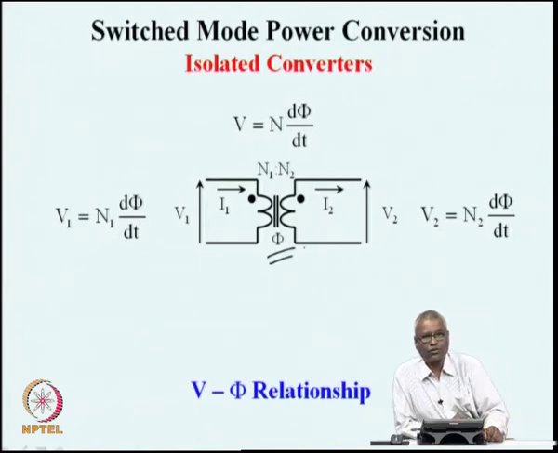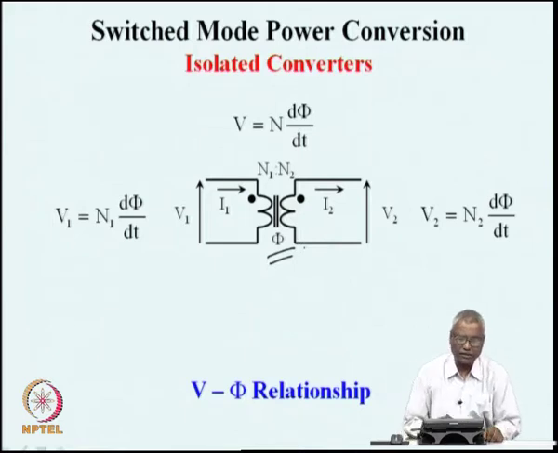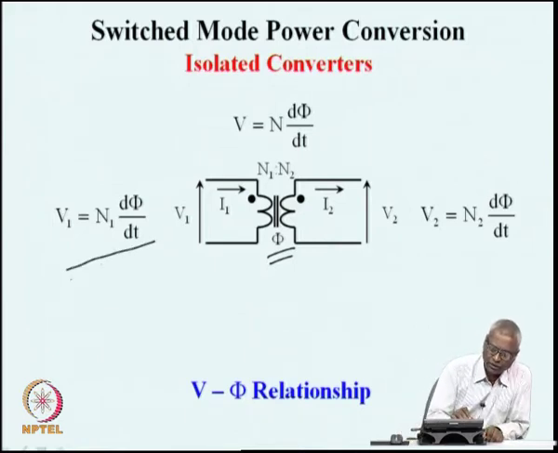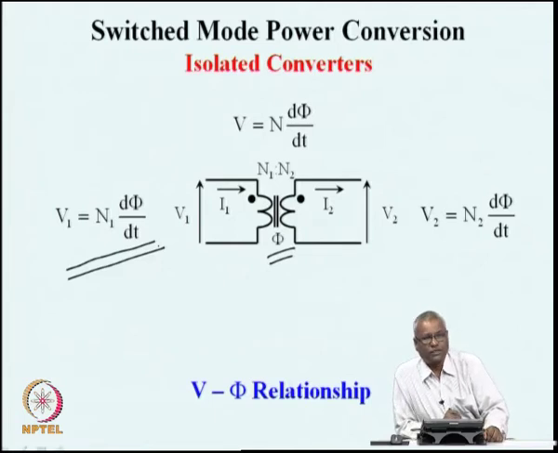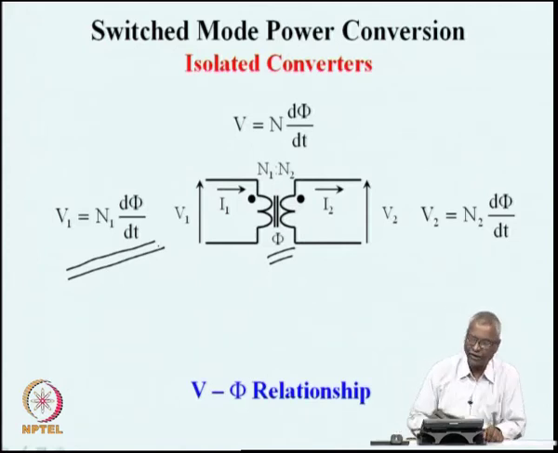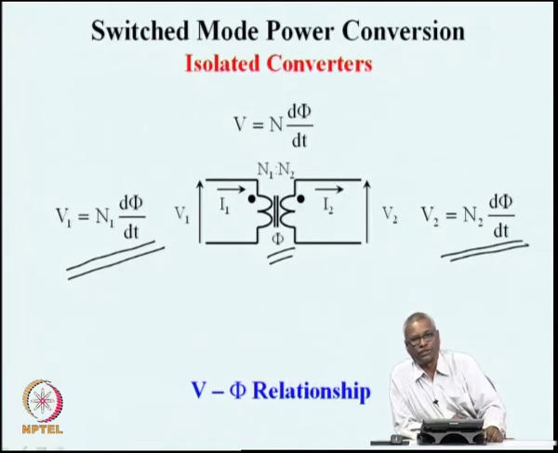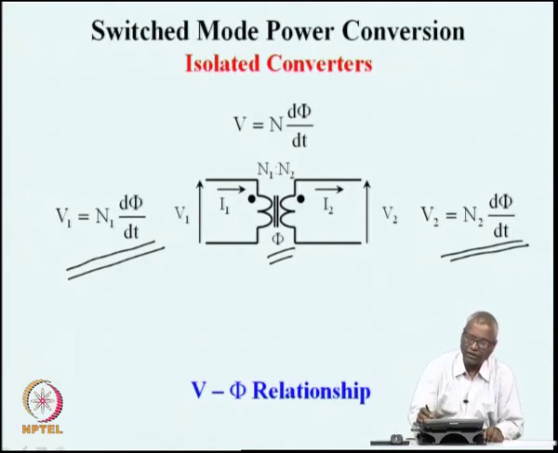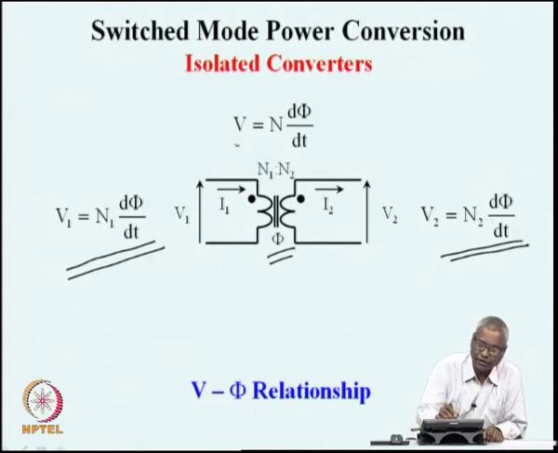If we represent the core flux as phi, which is linking both the primary and the secondary, and if this transformer is ideal where there are no losses, in such a case V1, the primary voltage, is equal to N1 d phi by dt, and the secondary voltage is N2 times the rate of change of flux. And this is a relationship which is called Faraday's law of electromagnetic induction.